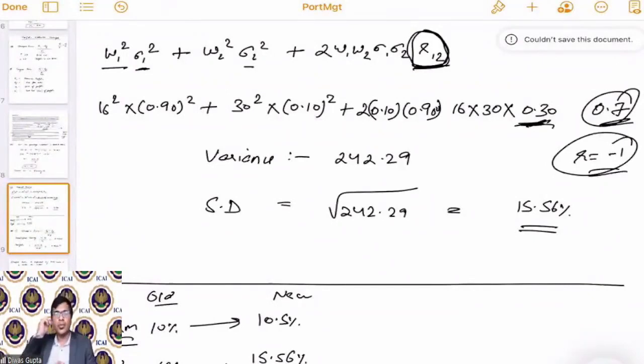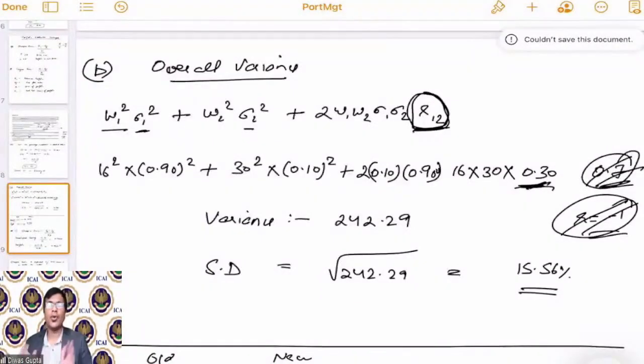Then only it would be a riskless portfolio, and then only you are able to eliminate all the unsystematic risk. Still, the systematic risk will be there. So this is the logic, or the mathematical explanation, of R, because of which the overall risk is getting reduced.